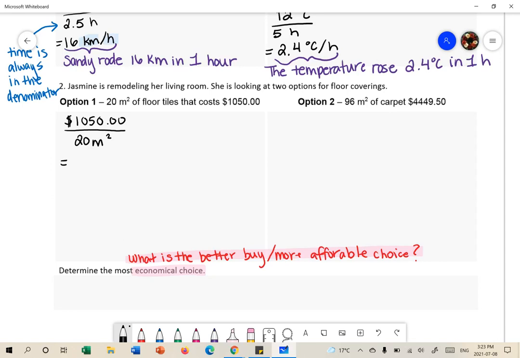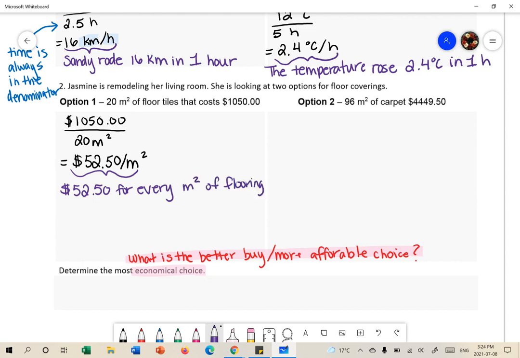So that's equal to $52.50 per square meter of flooring. It's going to cost $52.50 for every square meter of flooring. Let's look at option 2.